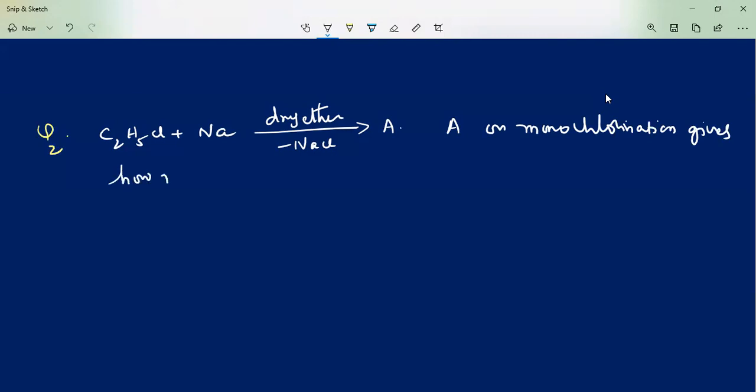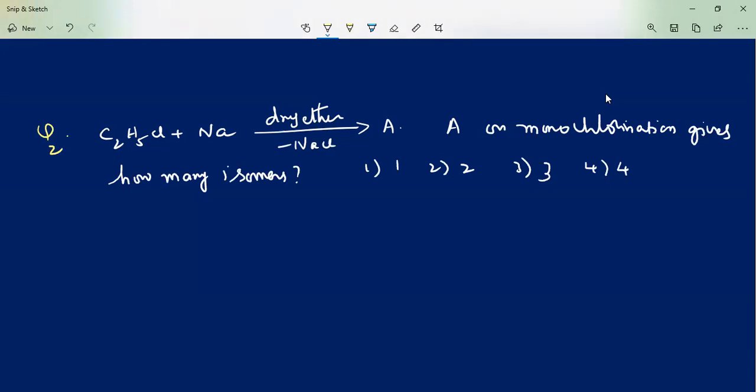The question is how many isomers? We have options 1, 2, 3 and 4. These are the options we have.